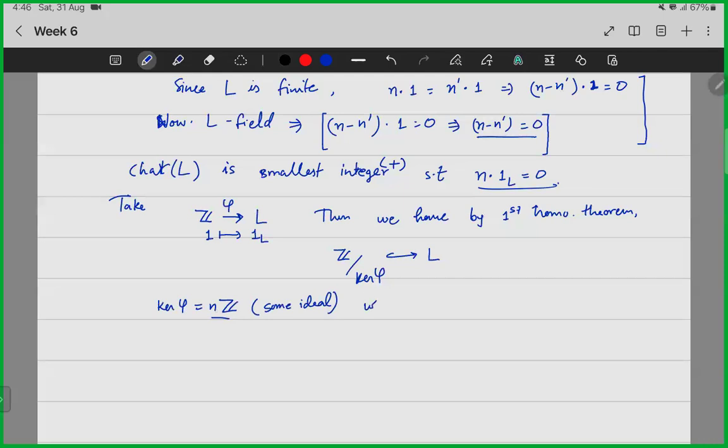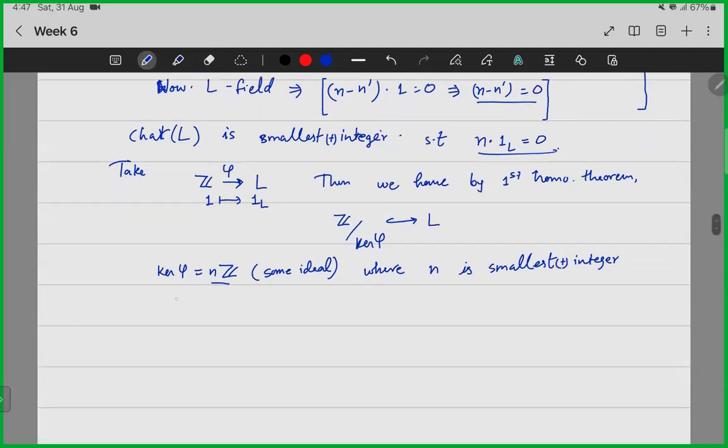Where N is the smallest positive integer such that N into 1 of L is equal to 0, because this N belongs to the kernel and it is also the generator of kernel phi, and N is smallest.